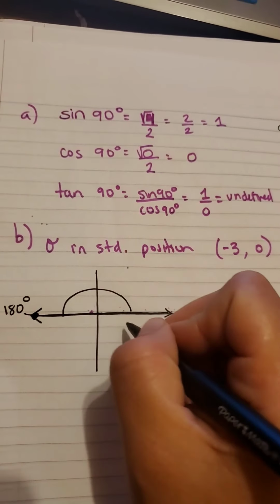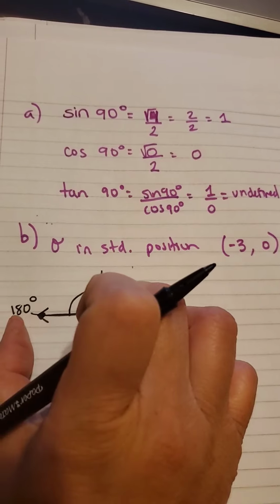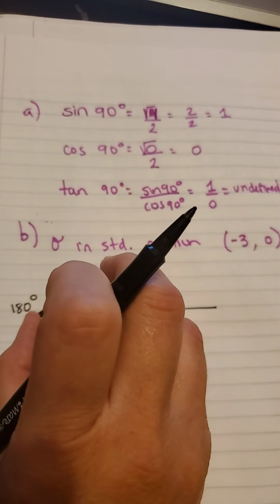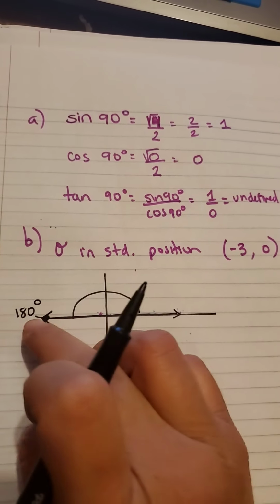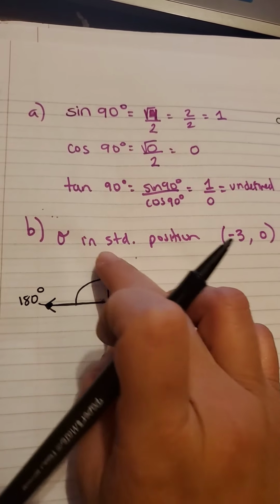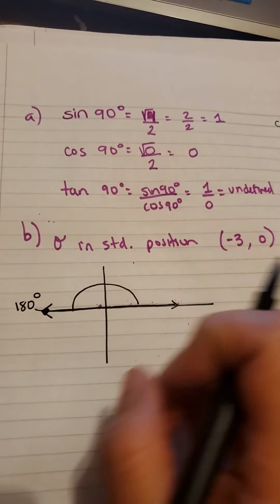Okay, so it turns out that the quadrantal angle 180 degrees has the same values as the one for 90 because it's a periodic function.